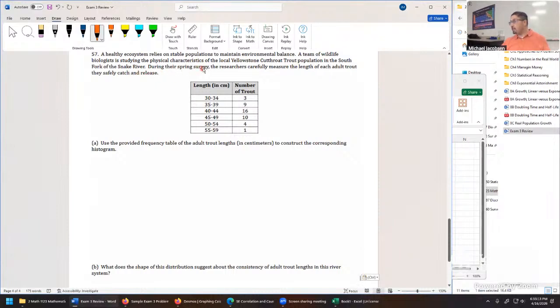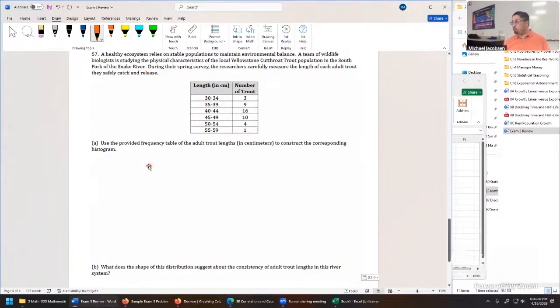During the spring survey, these researchers carefully measure the length of each adult trout they safely catch and then release. So these are the lengths of the trout, those specific Yellowstone cutthroat. This is the number that falls between these various lengths. Looks like most of them are between 40 and 44 centimeters in length for the adult fish of that kind.